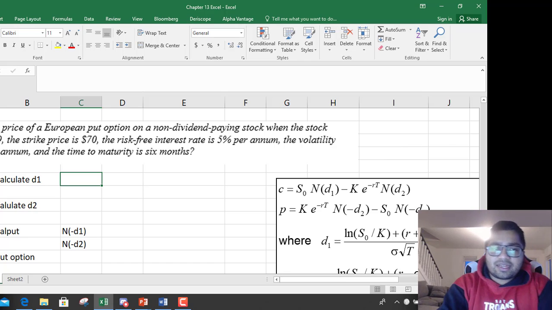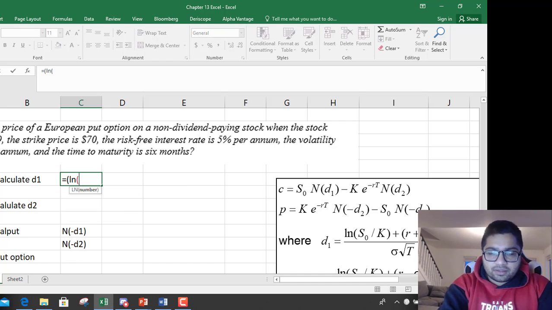So let's first calculate D1. So formula for D1 is, I'll open a bracket, natural log 69, the stock price, divided by exercise price 70.